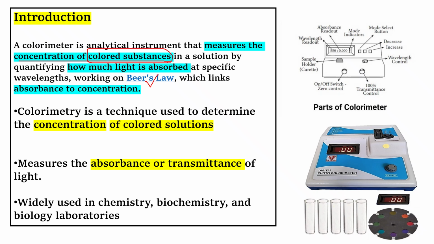It talks about the concentration and the light absorbed by the colored solution. Colorimetry is a technique used to determine the concentration of a colored solution, and it measures the amount of light which is absorbed or the amount of light which is transmitted.